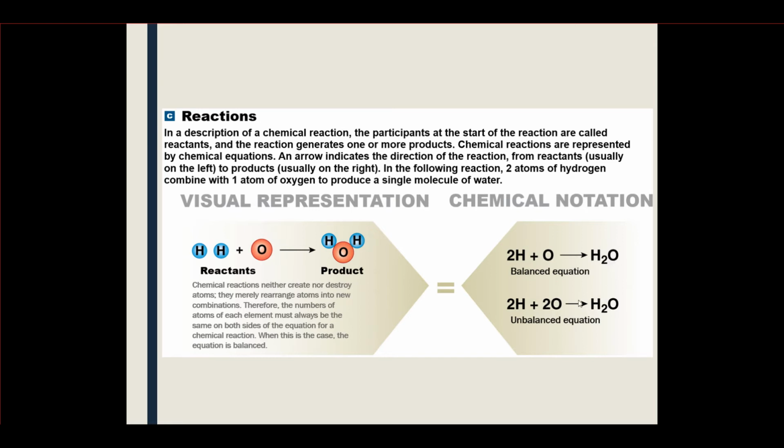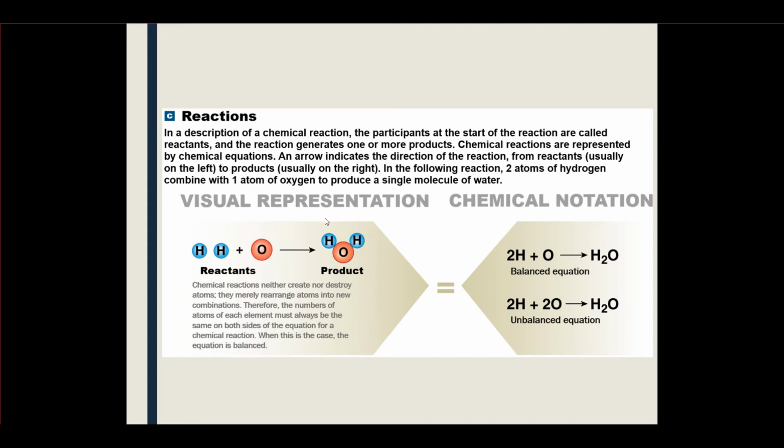If you look at the unbalanced equation, we have two hydrogens here, but two oxygens on one side and only one oxygen on the other. So this would be an unbalanced equation. This two over here kind of threw things off. Again, reactants are typically written on the left. The product, what is formed, is written on the right. There's the yield arrow.